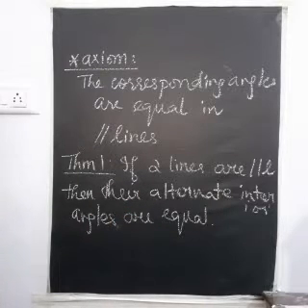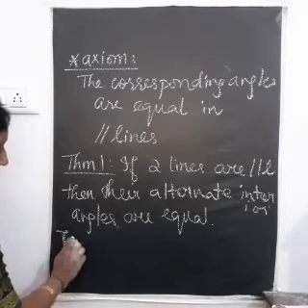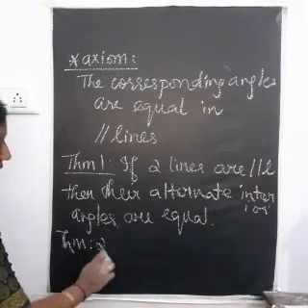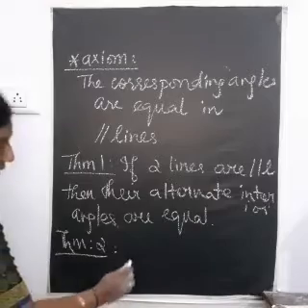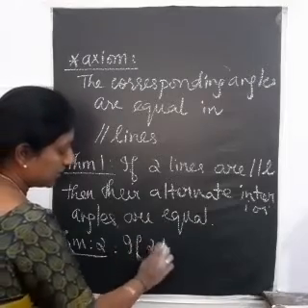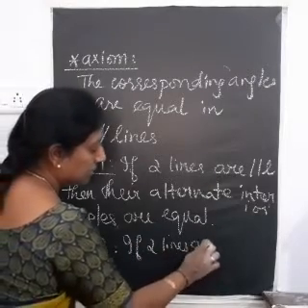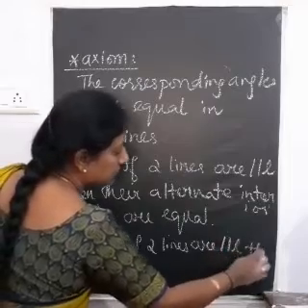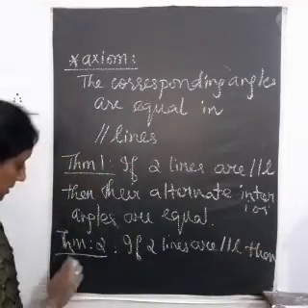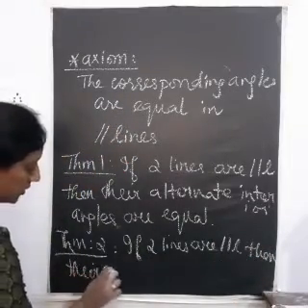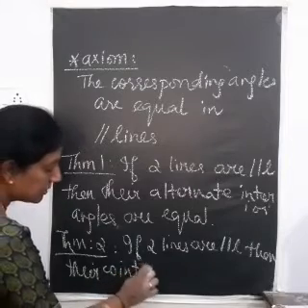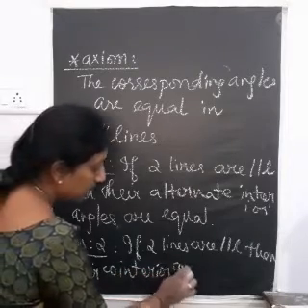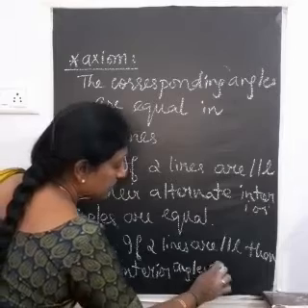Okay. Then let us go on to theorem 2. Theorem 2, what is the second theorem? If two lines are parallel, then their co-interior angles are supplementary.